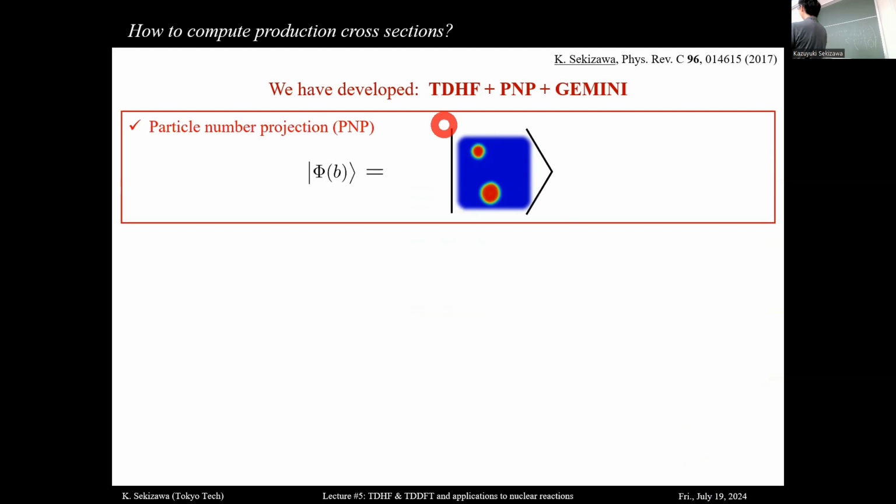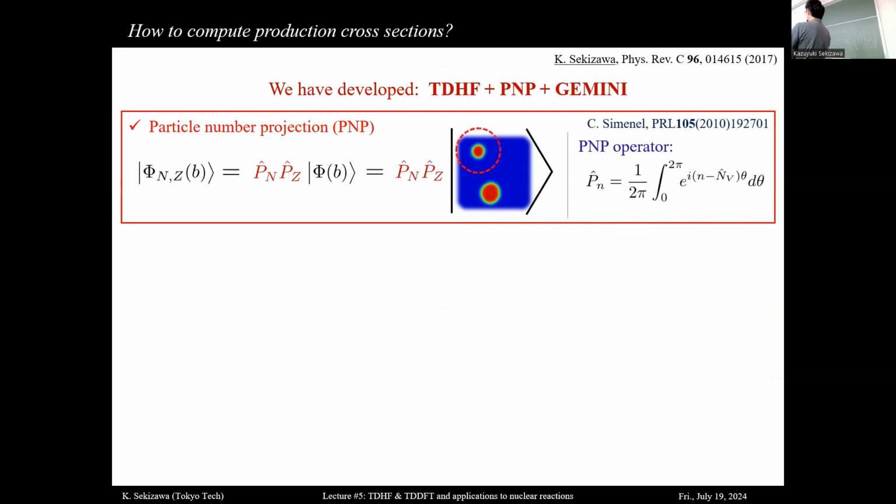So after the reaction, you have a single Slater determinant like this. And we can perform the so-called particle number projection. So here, P_N P_Z represents the particle number projection operator, as given here.